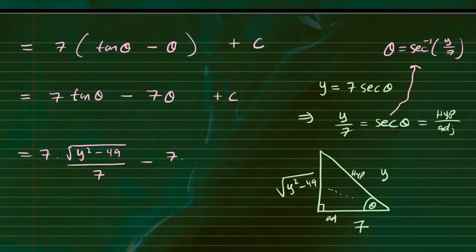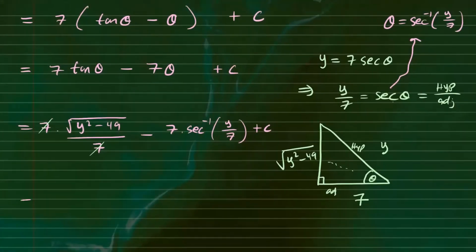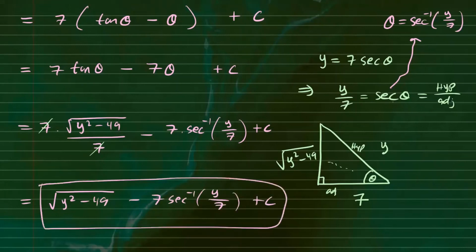This is 7 times secant inverse of y over 7 plus c. And you can simplify your first term right here by canceling out the 7. Your final simplified answer would be the square root of y squared minus 49 minus 7 secant inverse of y over 7 plus c. So that will be our answer for this integral.